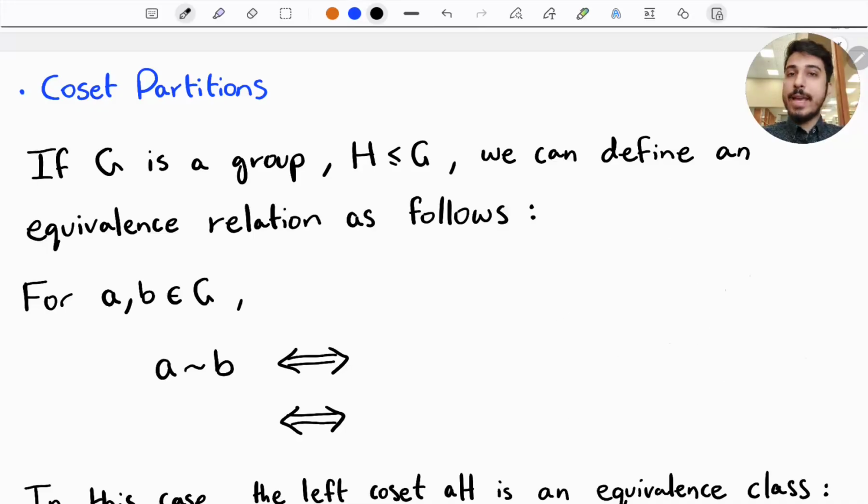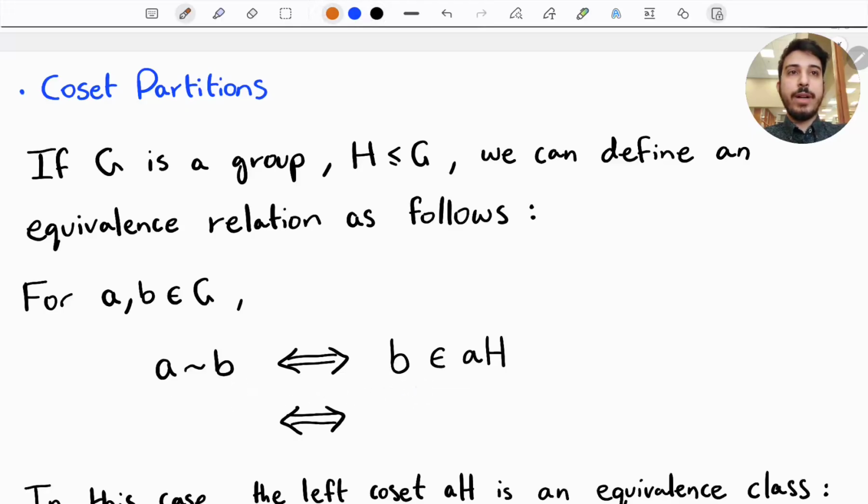For two elements a and b in G, we have that a is equivalent to b if and only if b is an element of the coset aH. So it is an if and only if statement: a is equivalent to b if and only if b is in the coset of a.